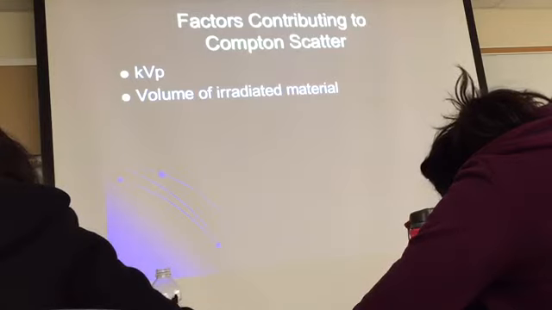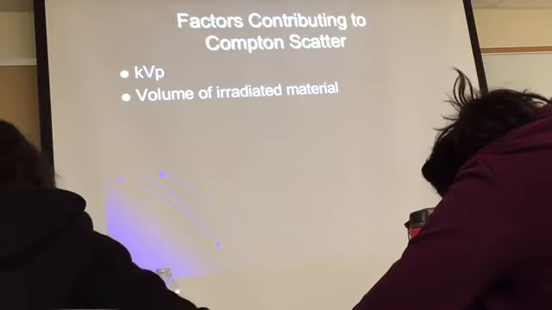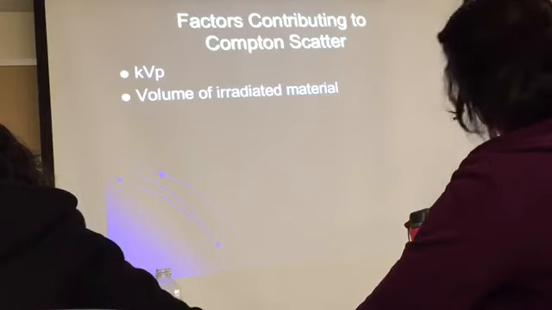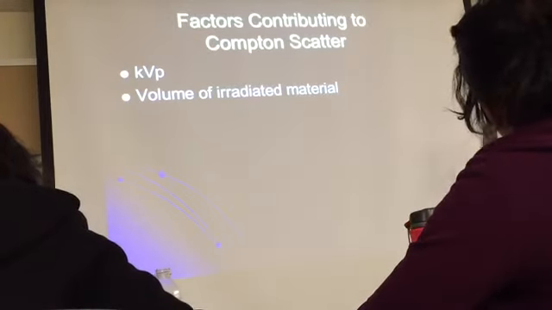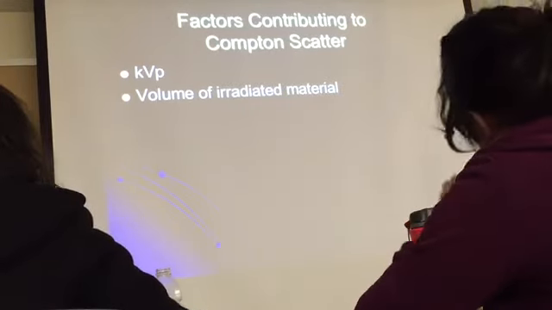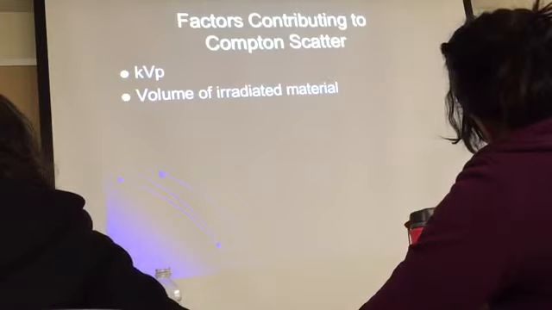So someone who's overweight produces more scatter radiation than someone that is not overweight. Someone that is just normally big will create more scatter radiation than someone that is not.